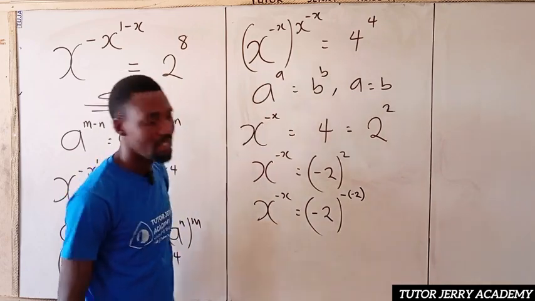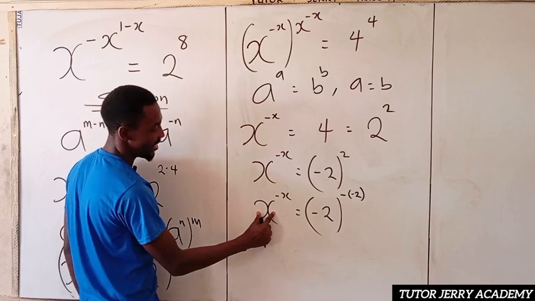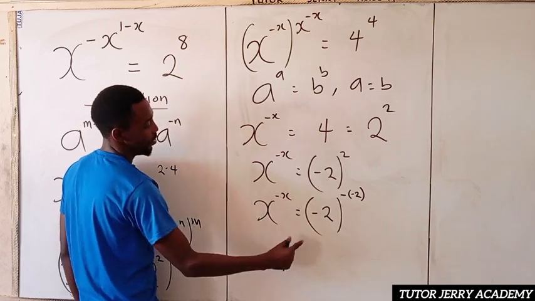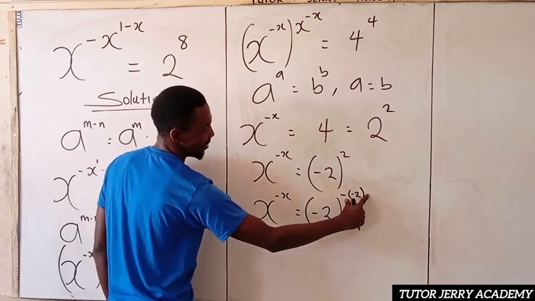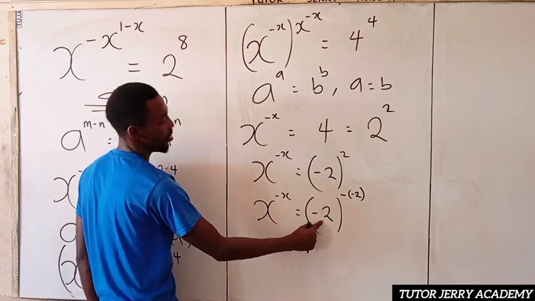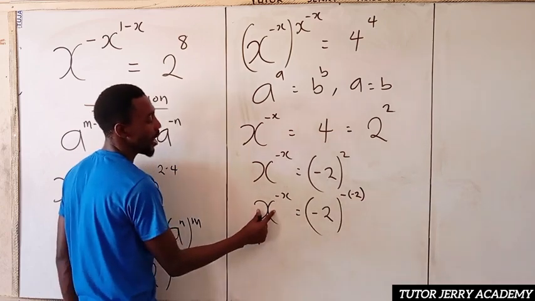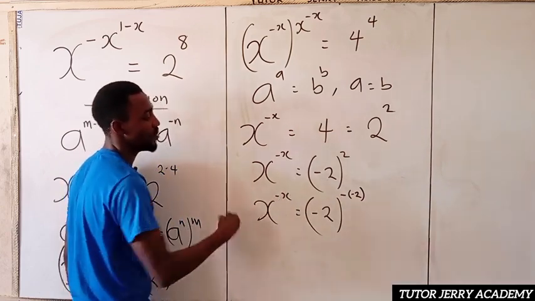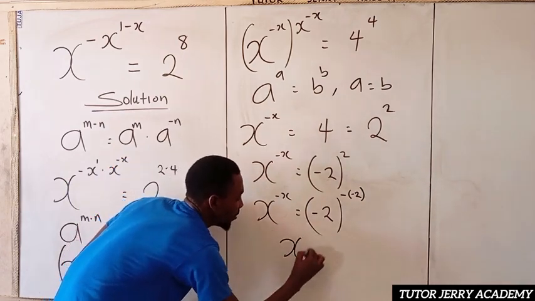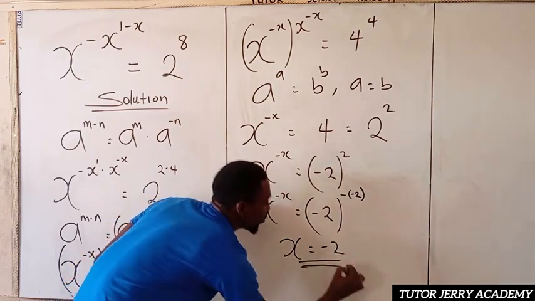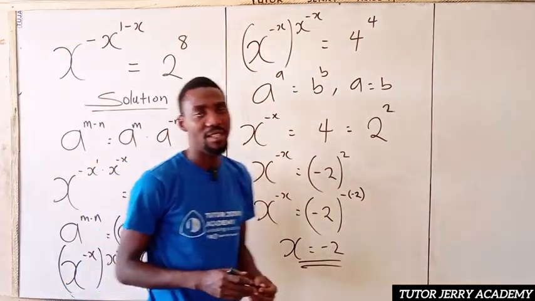We can equate the base. So as you can see, we have x here, we have negative x here. We have negative 2 here, we have negative 2 here. Is that clear? The same number, negative sign, the same alphabet, the same answer, negative sign. It means we can equate the base. It means that x is equal to negative 2. I hope you understand this.